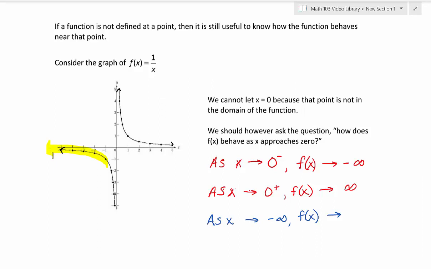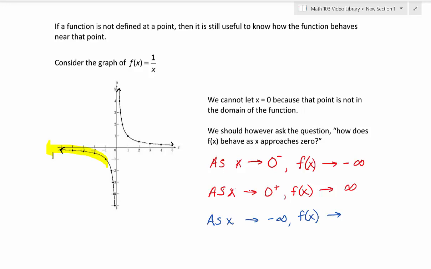Our graph is getting closer and closer to the x-axis, but it's never going to cross the x-axis. All the x values to the left of the y-axis are negative x values.